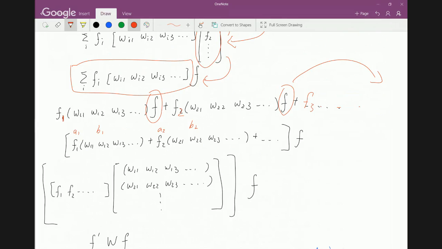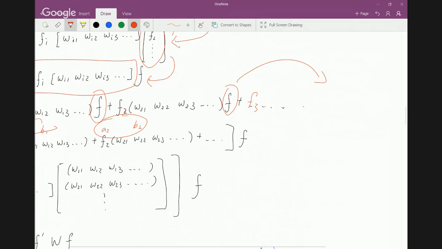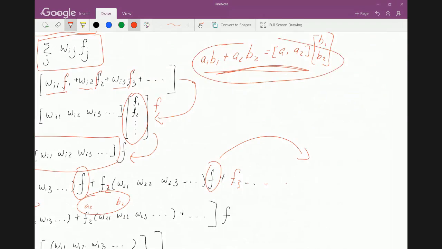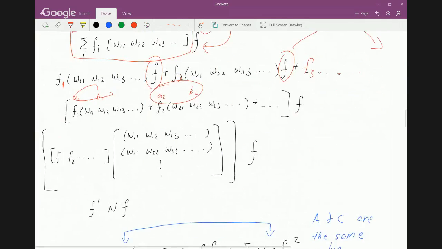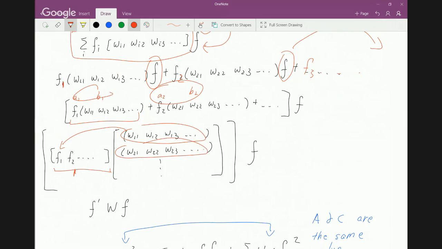We can now separate this thing using the same relationship as before. So this becomes F, this right here times F1, just like that, and this right here times F2, just like this. So far, so good.